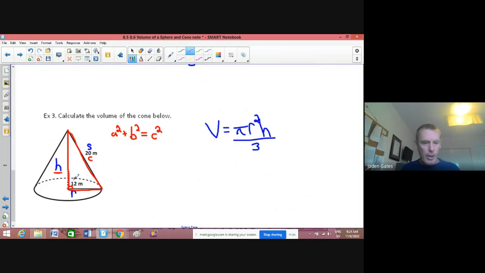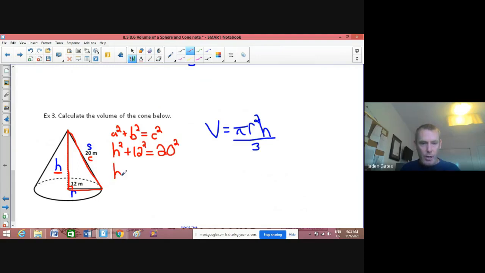So I got to pick one of these as A and one of these as B. It doesn't really matter. So I'm going to say my height is my A, so that's h squared, plus my 12. And again, my hypotenuse is always the C value. That's the one that has to be different. So again, it's across from the right angle. It's 20 squared.